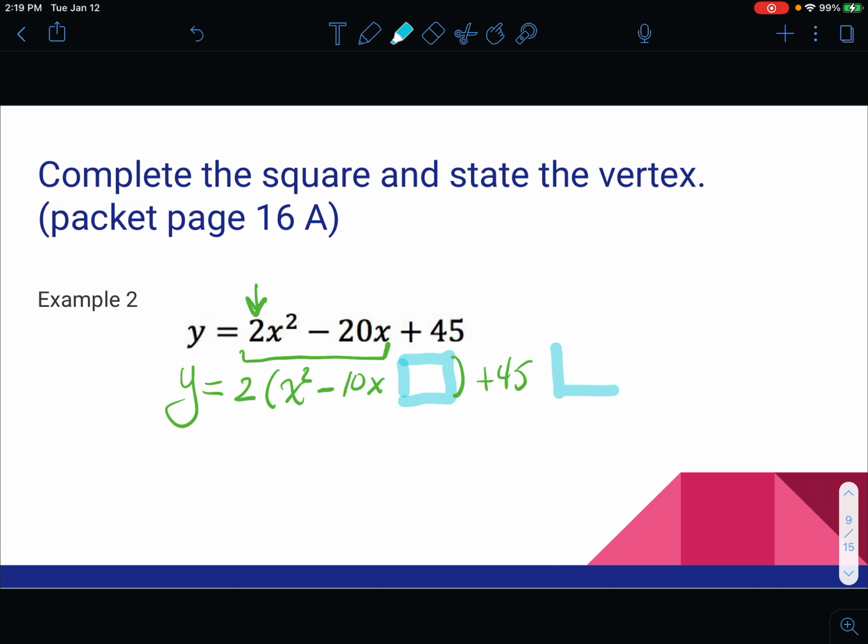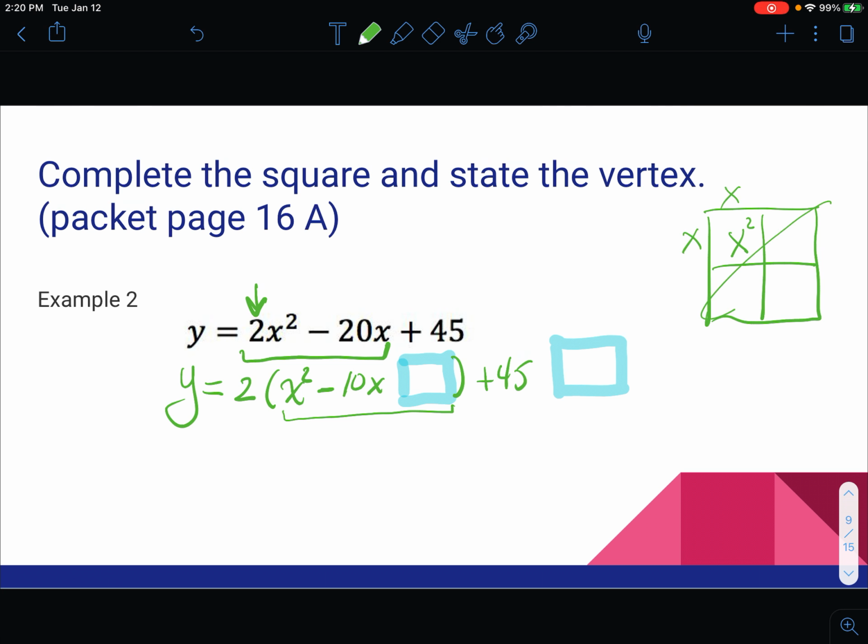And then don't forget, we have to undo that over here. So now we're dealing with this, where we've taken out that a value of 2, and we can go right into our box again. So now we're back to what we started with, the x squared with an x and an x, the only choice.